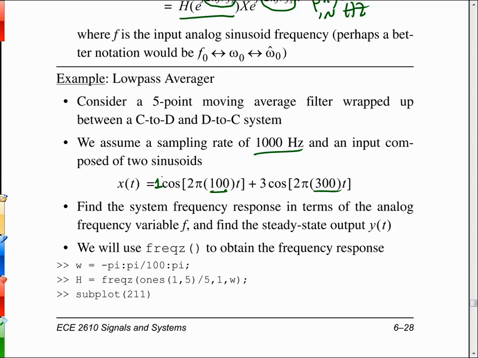I'm going to talk later in the example about what would happen if we alias. And I'll just make a little comment right now. If the folding frequency is 500, suppose this was 700, right? What does that alias to? 300.